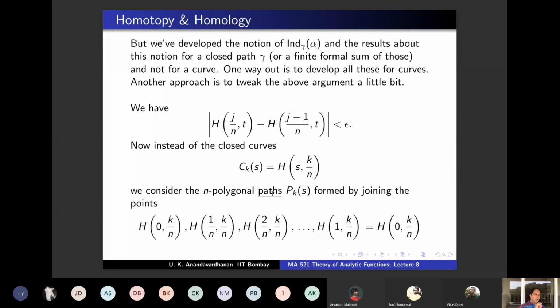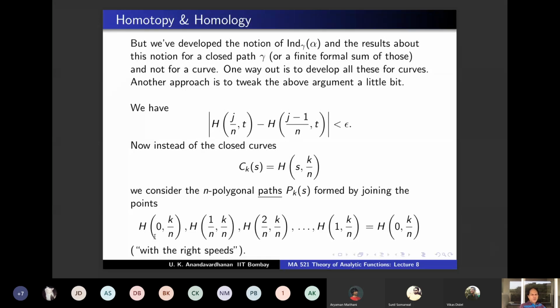And let me do this joining at the correct speeds, so to say. What do I mean by this? I want to compare with this thing. So as s goes from 0 to 1, h is defined on the closed interval 0 to 1.